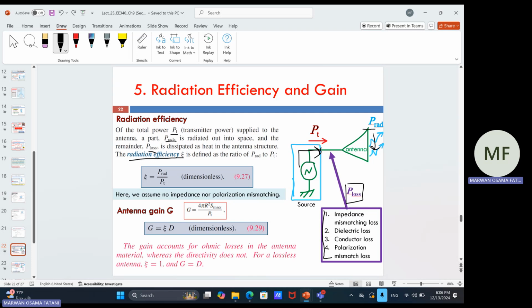So the formula for the radiation efficiency is this mu, equal to P rad over PT, the total power radiated over the total power transmitted. It's quite simple. We also have our gain, defined by this formula over here, which is basically saying that it is equal to the efficiency multiplied by the directivity.